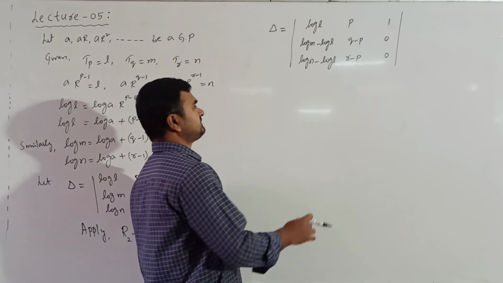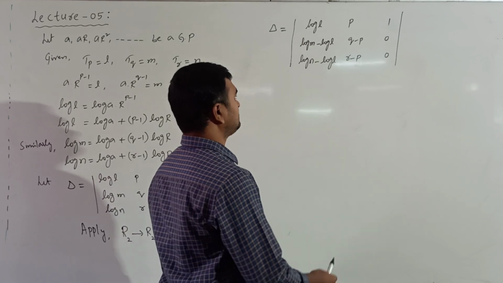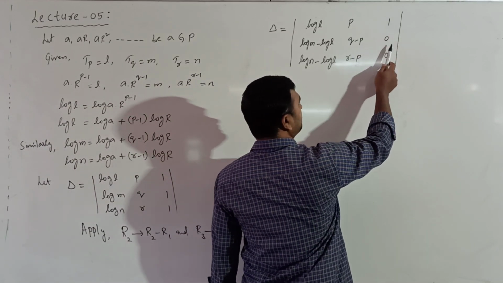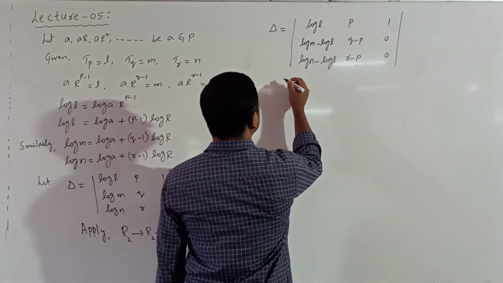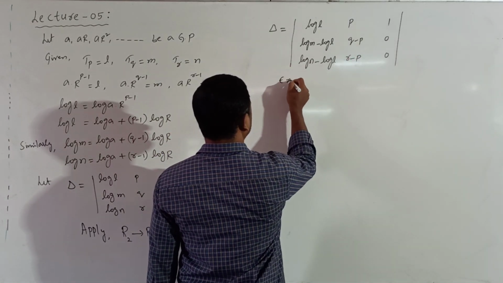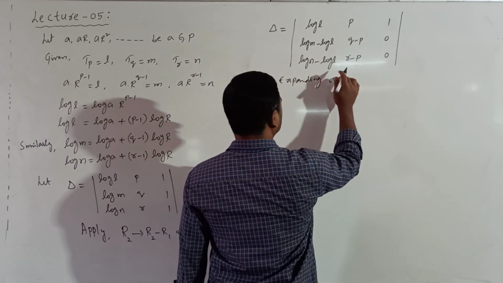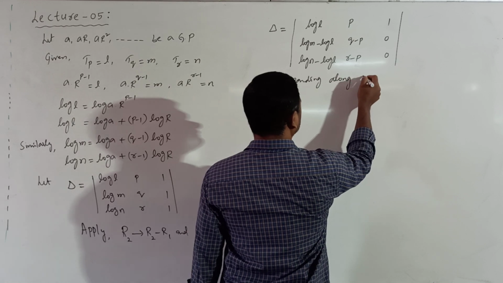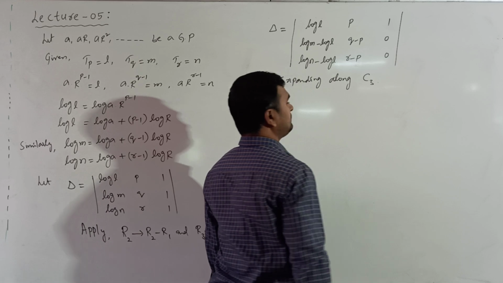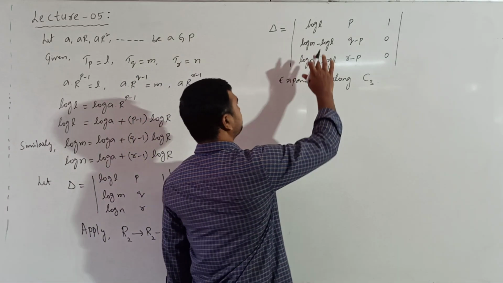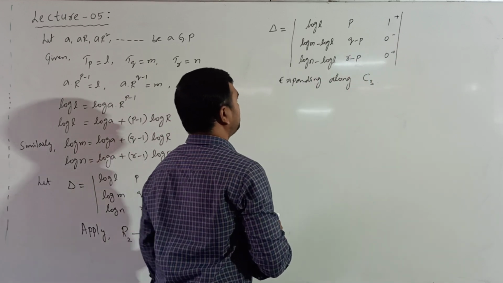Now we expand the determinant. Here we have more zeros in the third column, so I will expand along the third column. The signs are plus, minus, plus.